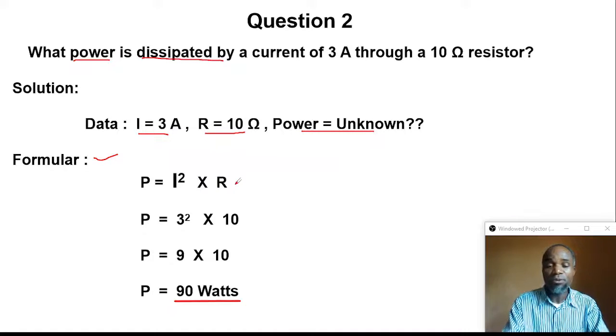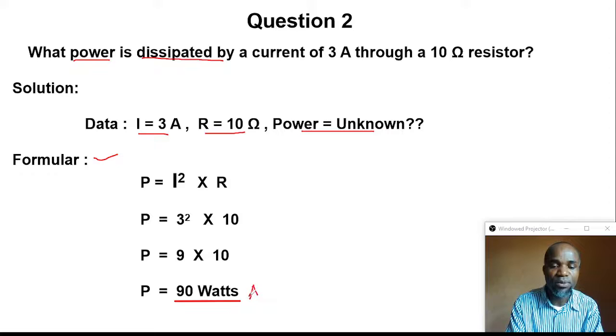The current is 3 amps, and we square it. So 3 squared times the resistance of 10 ohms. 3 squared gives 9, and 10 times 9 gives 90 watts.